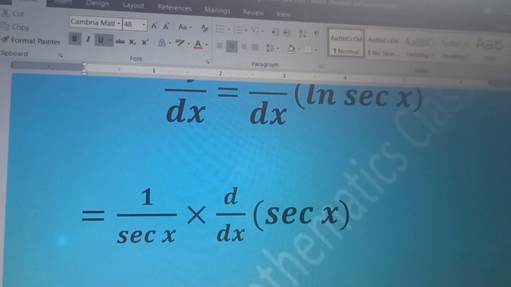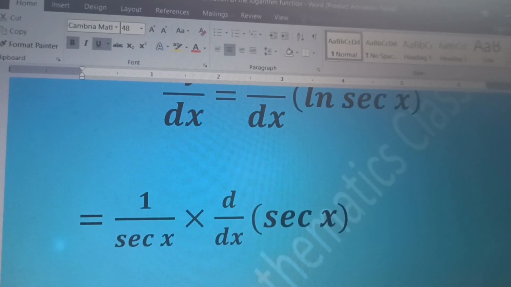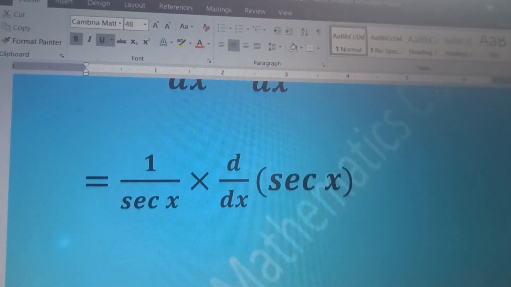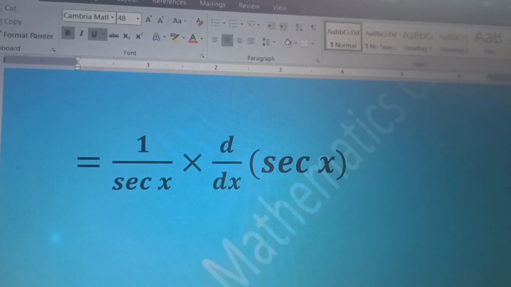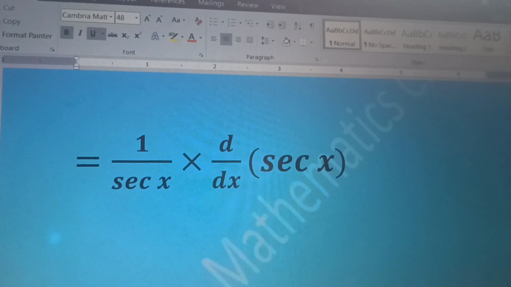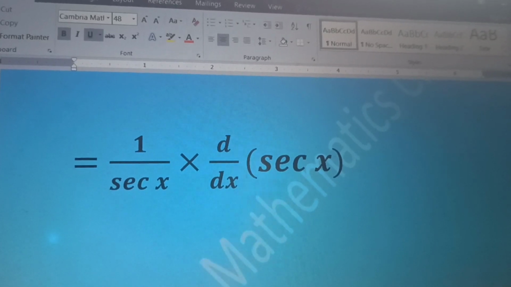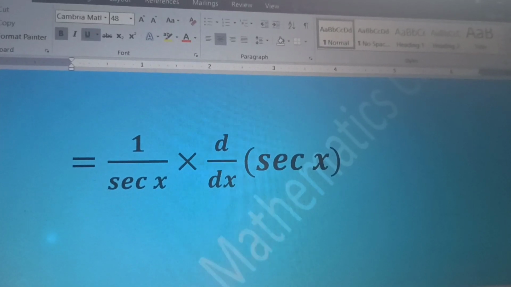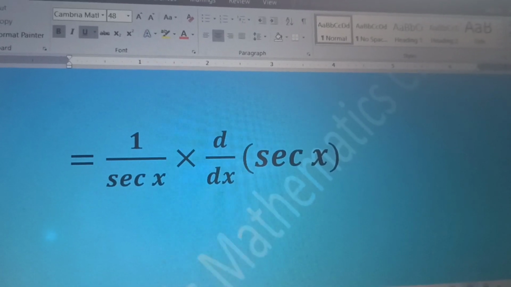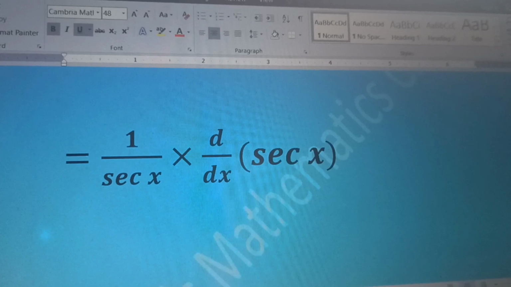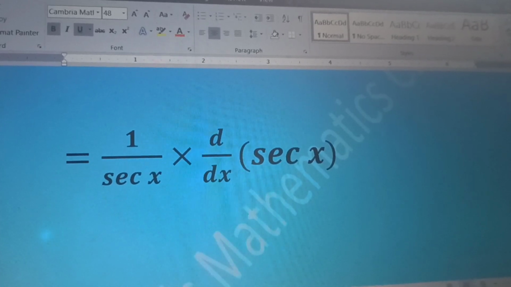So we have to find the derivative of ln sec x, and the derivative of the logarithm function is 1 over sec x, and we will multiply it by the derivative of sec x.